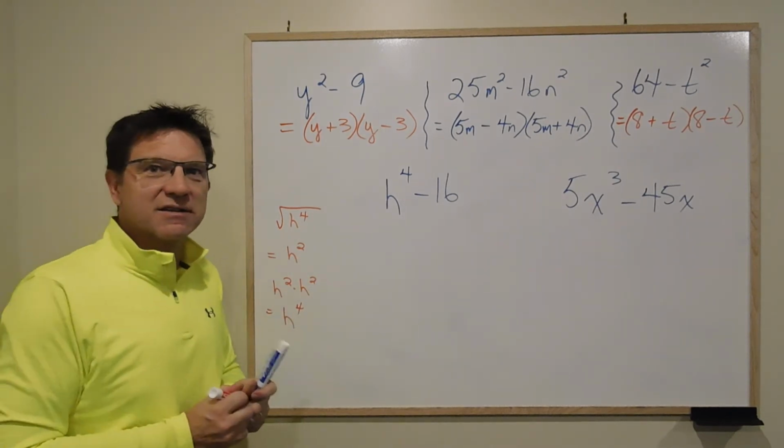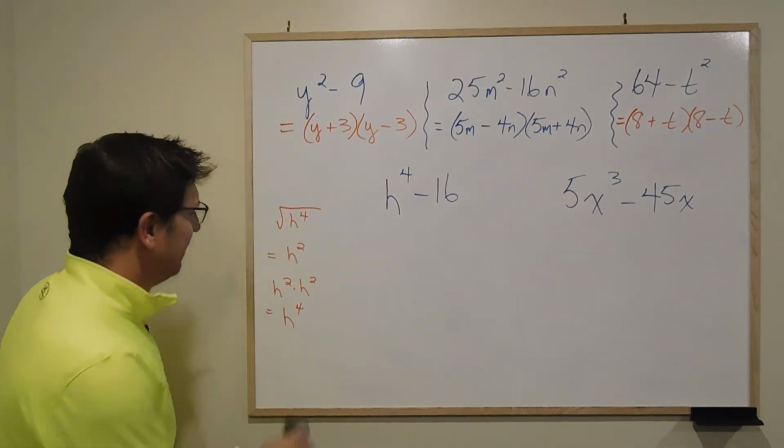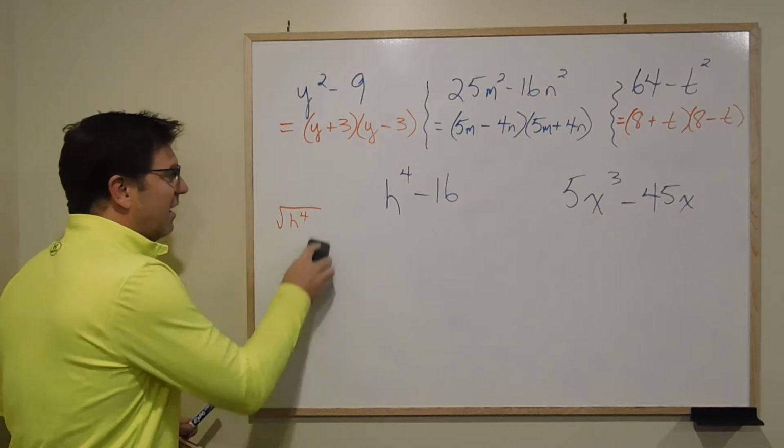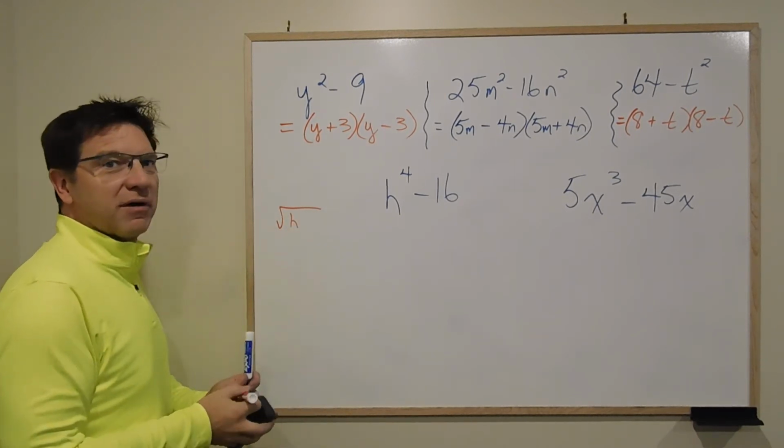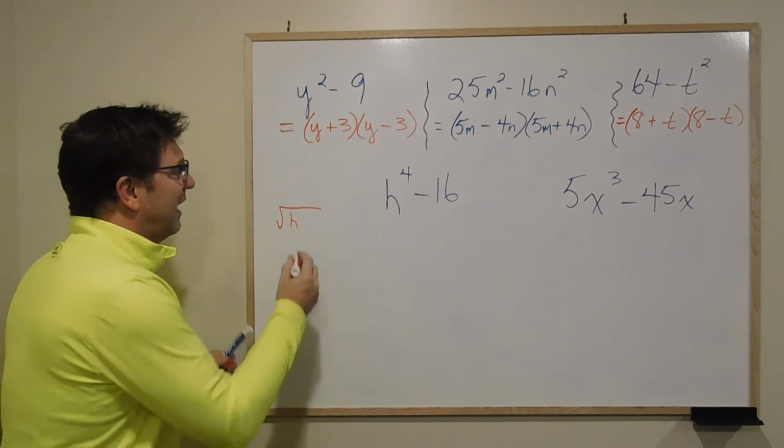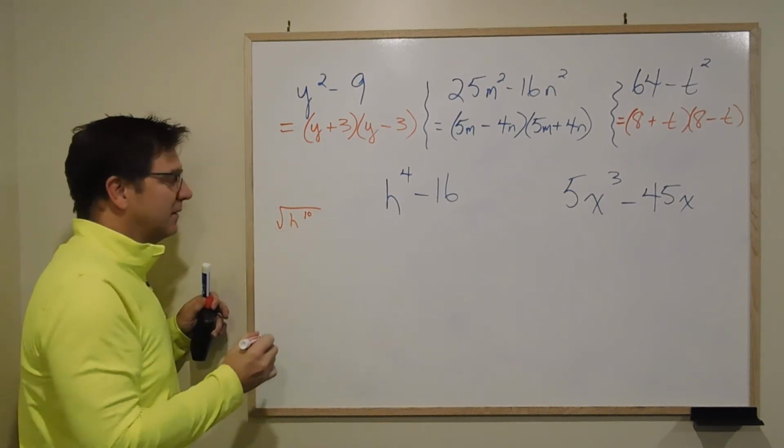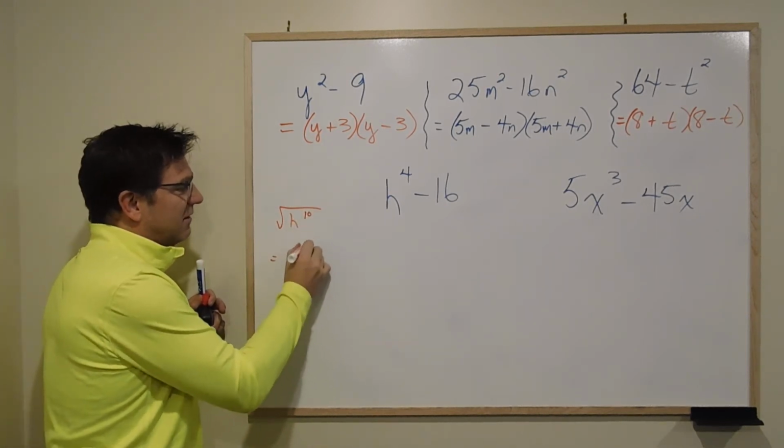In fact, this is a little aside, I can actually do the square root of any even number. Let's say this was h to the 10, okay? I'm going to say it's h to the 5.